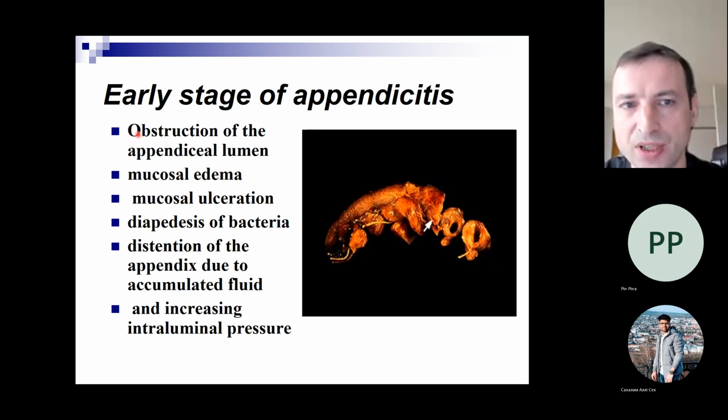In the early stage, obstruction of the appendiceal lumen appears. It is caused by many factors, especially lymphoid hyperplasia, and it may be obstructed by worms, helminths, fecaliths, and so on. Then it causes mucosal edema, mucosal ulceration, diapedesis of bacteria, then distension of the appendix due to accumulated fluid and increasing intraluminal pressure.